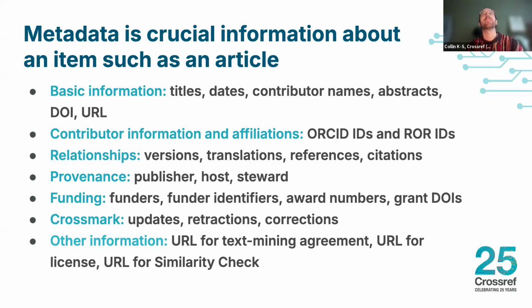These are all different metadata fields that you can send to us and that we love when you send to us, because the richer the metadata that you can send us, the more value both you and the larger community are going to get out of your Crossref metadata.